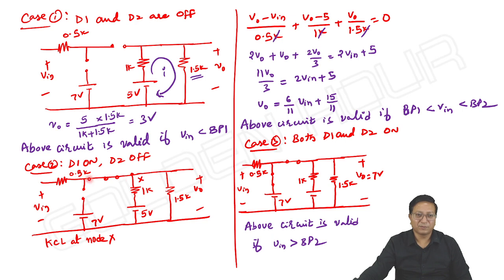The output voltage is the voltage appearing at the anode of D2. If it is less than 7, absolutely D2 is off. Simple thing. Otherwise, if you assume D2 is on and calculate ID2, you will get negative. Any option you can take.